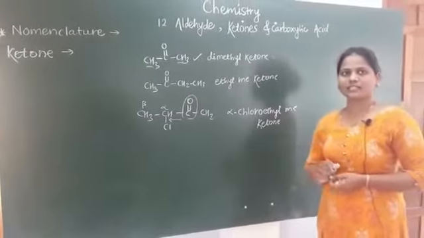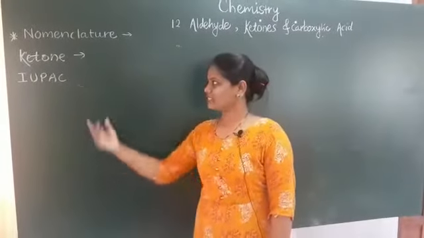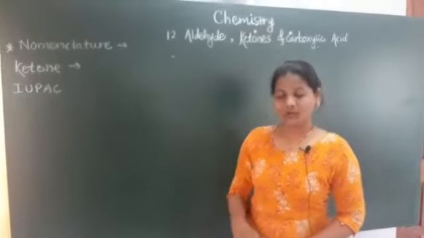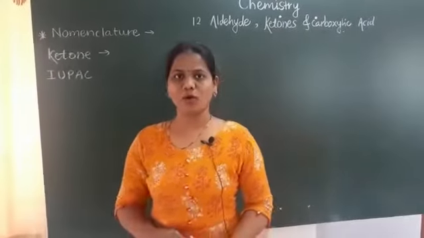This is about the trivial name system. Now we will see the IUPAC name system. Now let us see IUPAC names of ketone. Before that, first of all we will see the rules of how to write the IUPAC name of ketone.